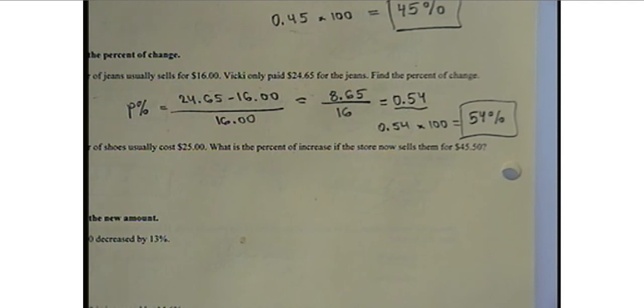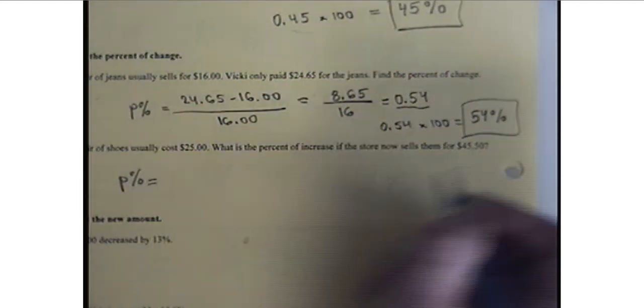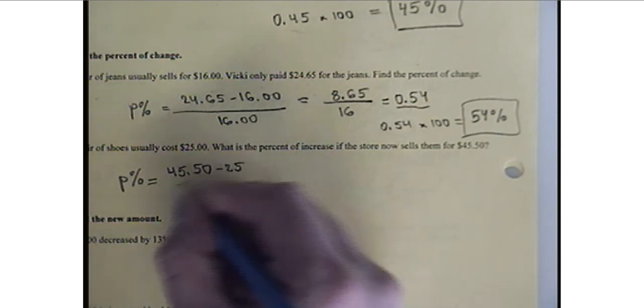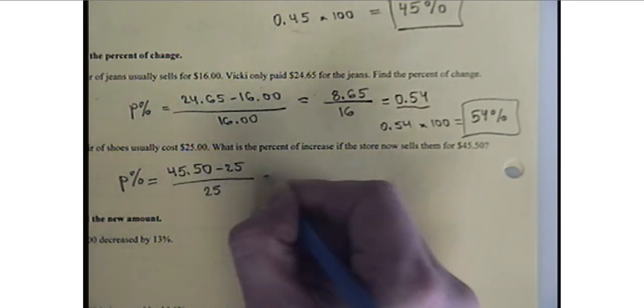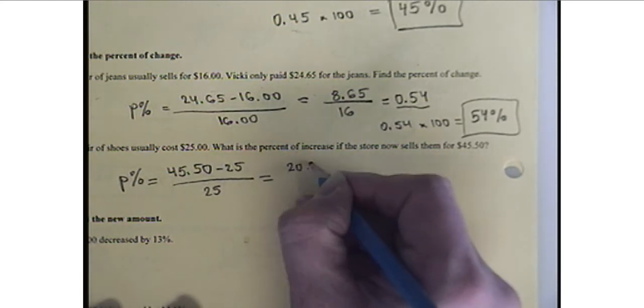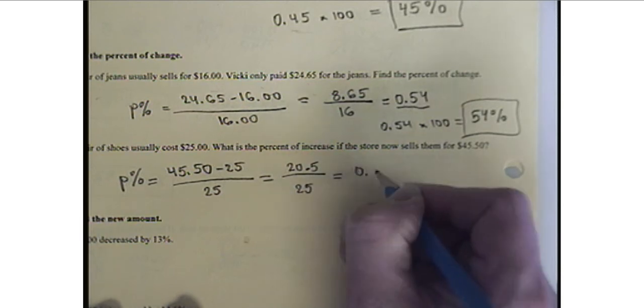Next example, it gives us a pair of shoes that usually cost $25. What is the percent of increase if the store now sells them for $45.50? Wow, that's another increase, and it looks like a huge increase. So let's see. The percent formula will be larger amount, 45.50 minus $25 over the original of 25. So the difference on the top will be 20.5 over 25, which is 0.82.